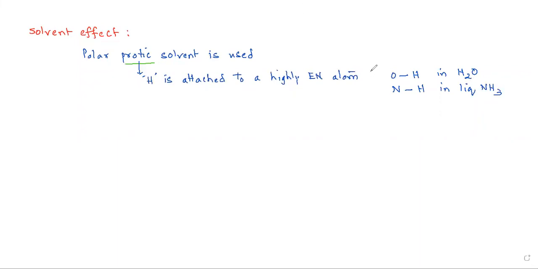This way, if a hydrogen atom is attached to a highly electronegative atom, we call it a protic solvent. Then what is the use of this protic solvent?